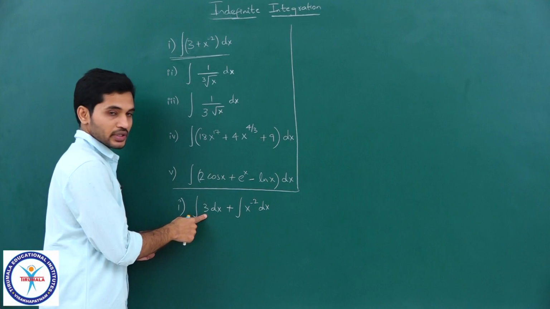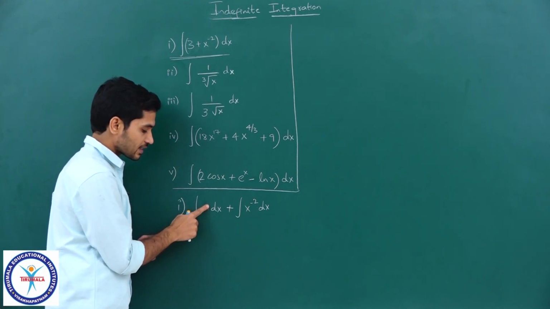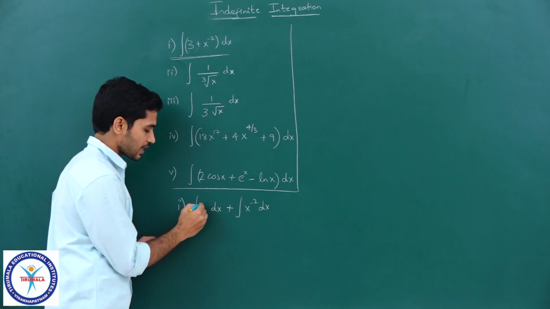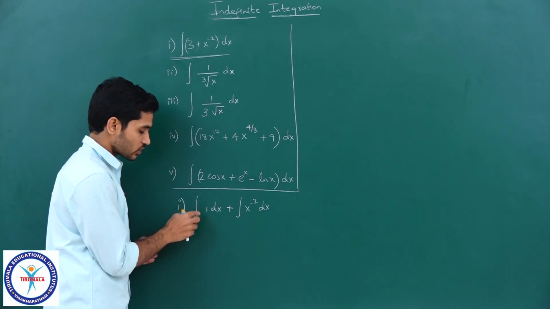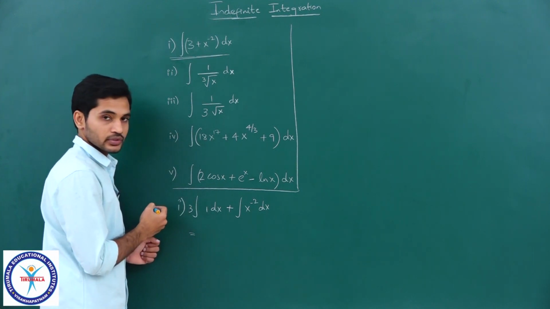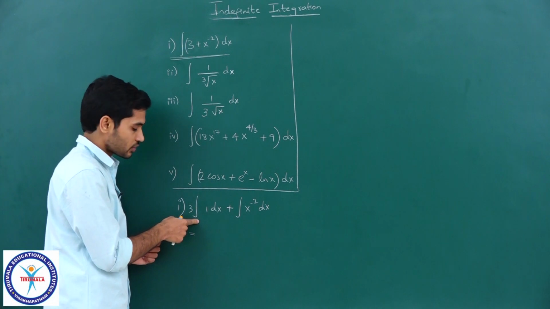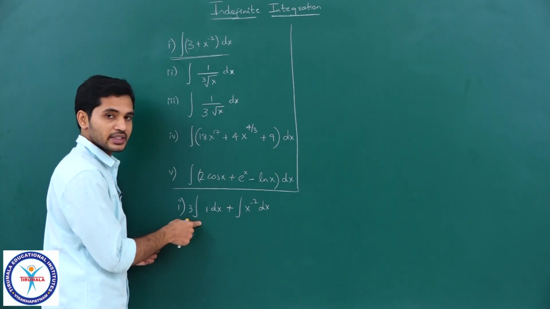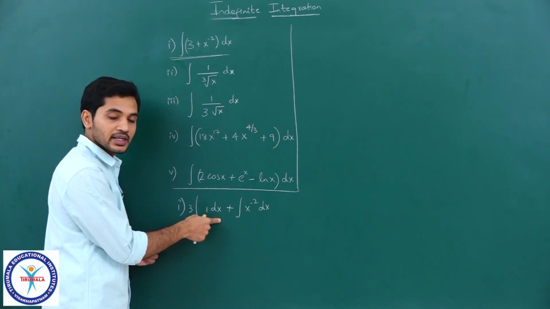Now in this scenario you can see the integral of 3 dx. Here I can understand this as 3 into 1, and I can bring this 3 outside. So, the integral of 3 dx can be understood as 3 into the integral of dx, or the integral of 1 dx. What is the integral of 1 dx?